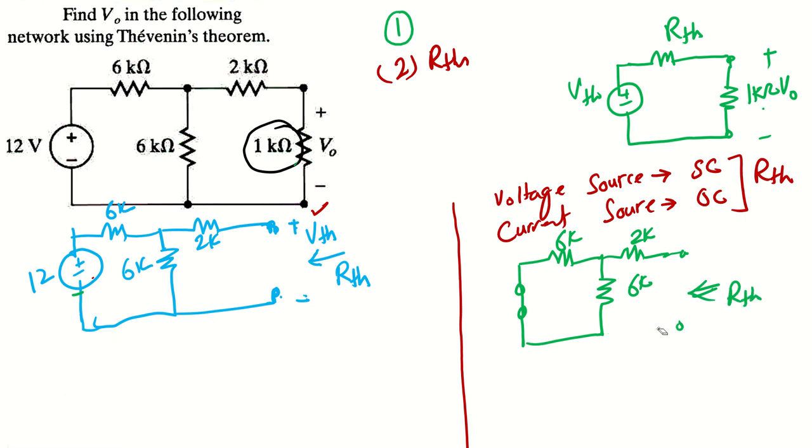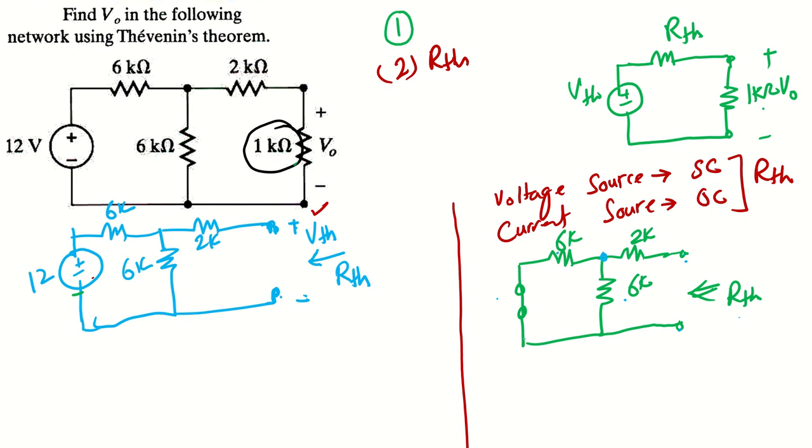We will apply the same principle of series parallel resistor combination that we have learned earlier. We start from the end of the circuit, between these two points, where I have 6k and 6k.